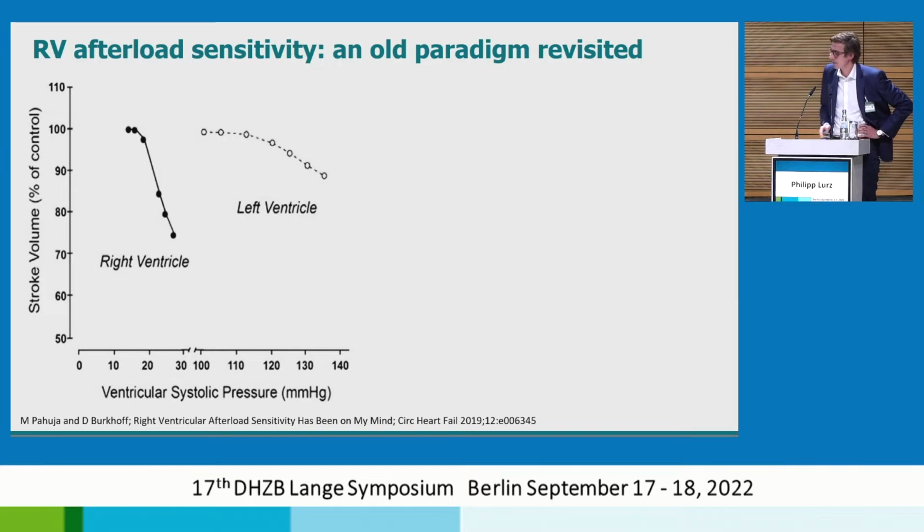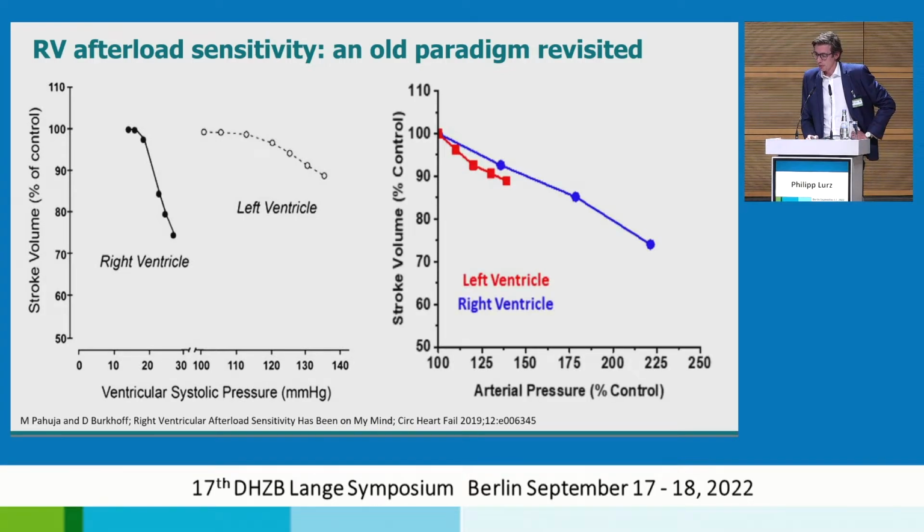The RV cannot cope with pressure at all. Now, the problem with that illustration and demonstration is that it is done in absolute terms. But if you plot the change in RV stroke volume to the relative change in pressure, and that's done on the right, you could argue that there's not so much difference between the ability to adjust to pressure of the RV and the LV.